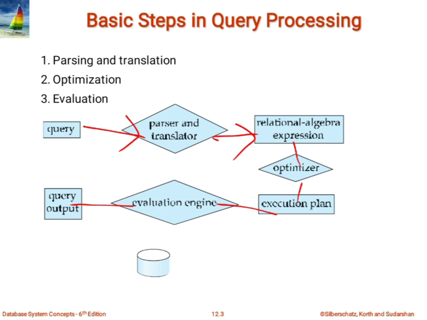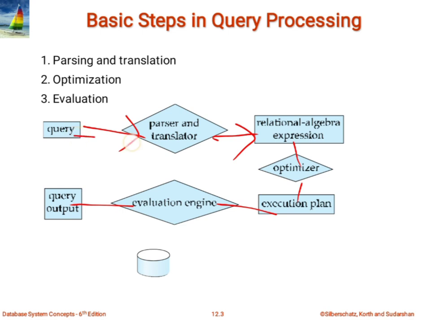In the same way, if there is any syntactical error in the query, it will show you the error. Otherwise, the query gets translated into its internal form, and later from the internal form it gets translated into the relational algebra form.